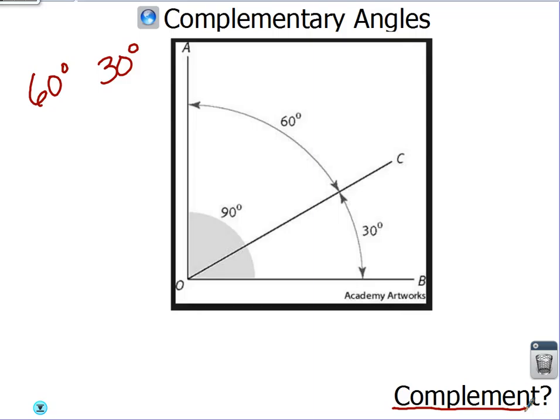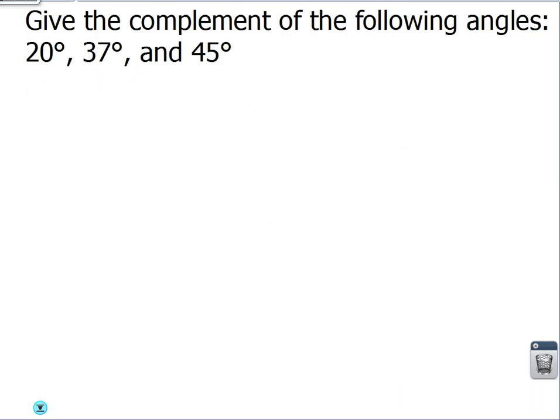If I ask you what is the complement of 60 degrees, that's asking for the measure of the angle. Does that make sense? So there's two ways you could say this. Give the angle that is complementary to 60, or what is the complement of 60, says the exact same thing. So two angles that add up to 90. So therefore, give the complement, notice the noun form, give the complement of the following.